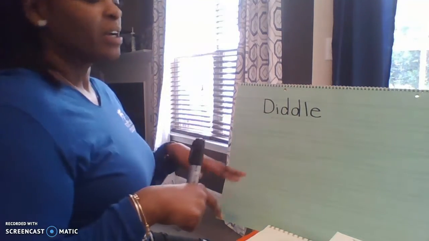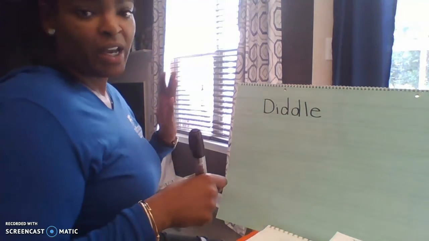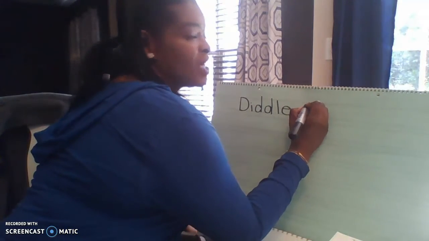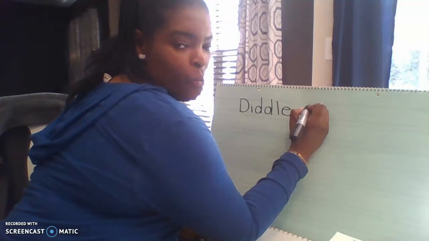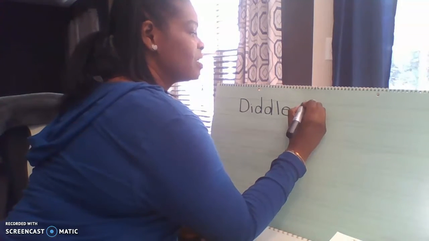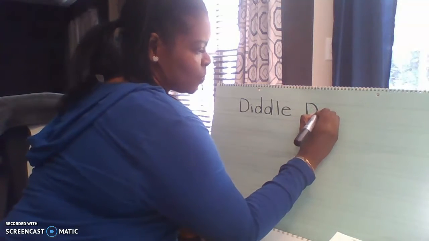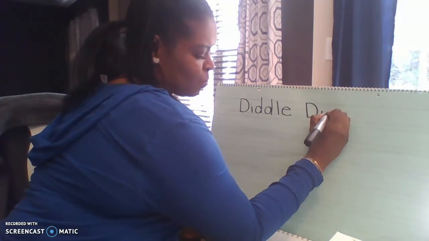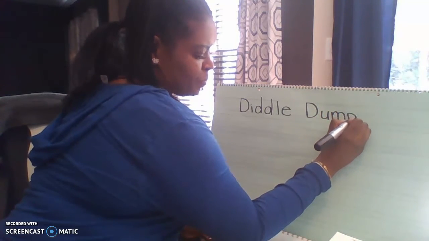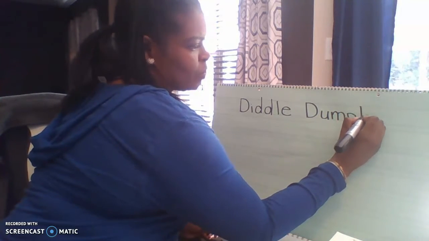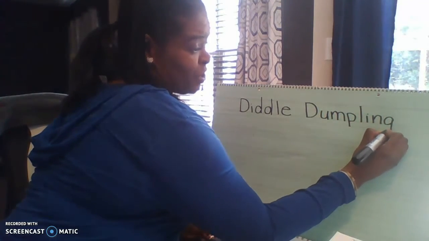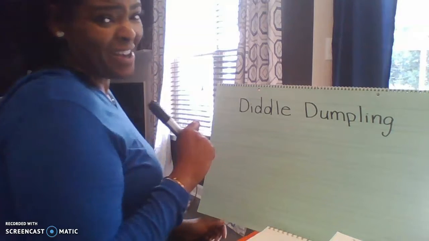And now I'm not going to write diddle twice. I'm going to write the word dumpling. Are you ready? Dumpling. What letter? Good. D. You're right. Dumpling does have a lot of letters in it.